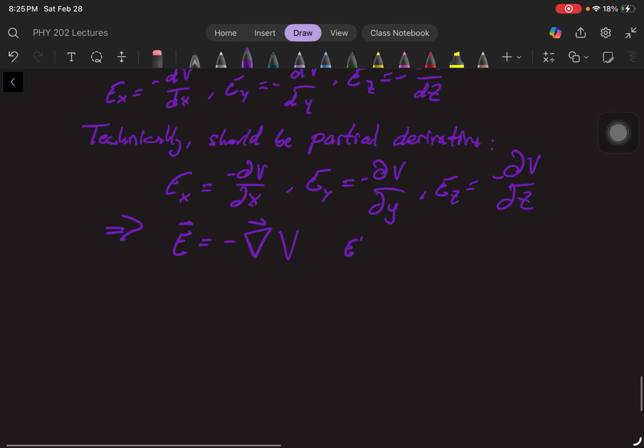And so we would say the electric field is the negative gradient of potential.